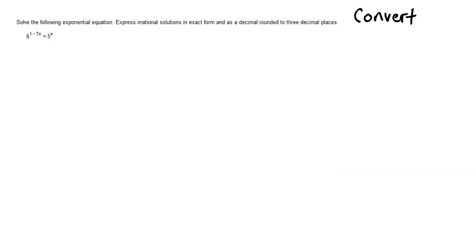So first I'll show you solving this equation by converting. To convert this to a log equation, I'm going to write the word log, and I'm going to use the base of the exponent as the base of the log. Now this is a unique example in that we have two bases. You have a base of 6 and a base of 5.